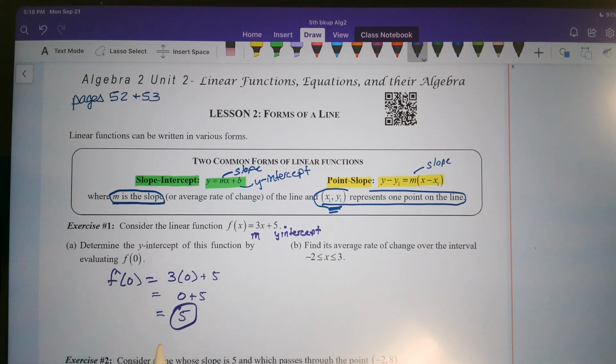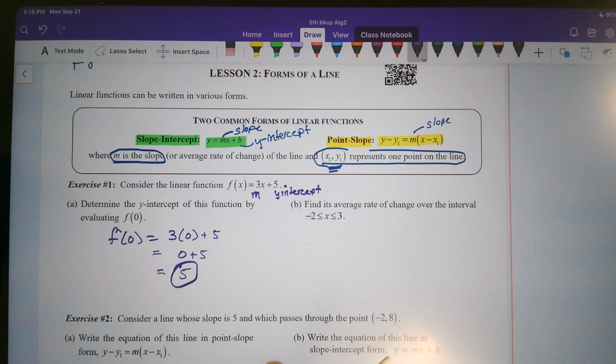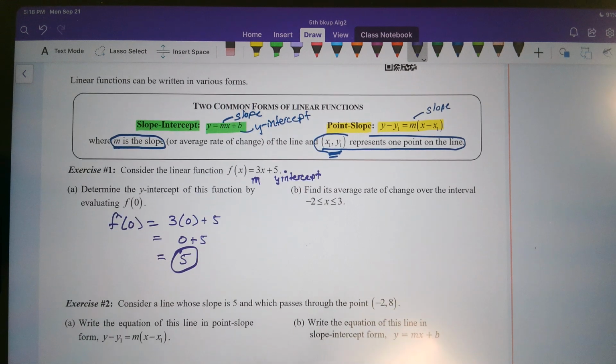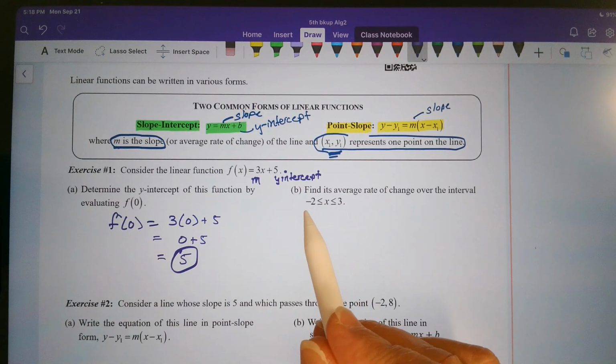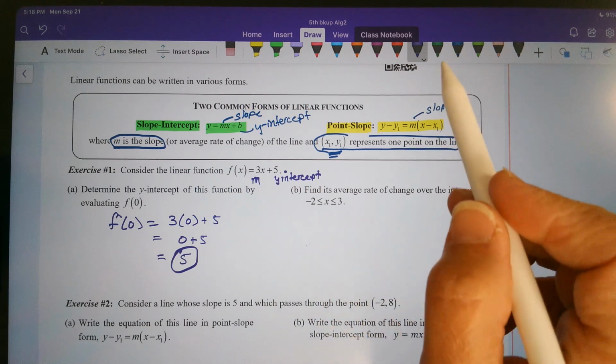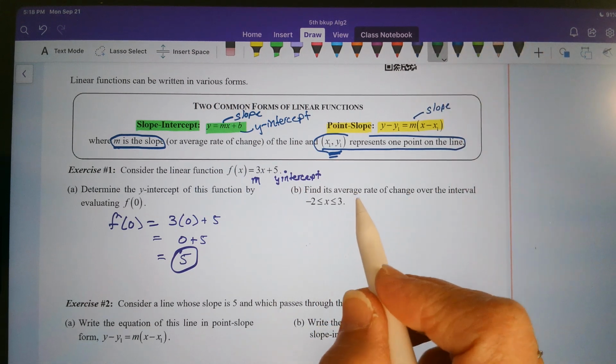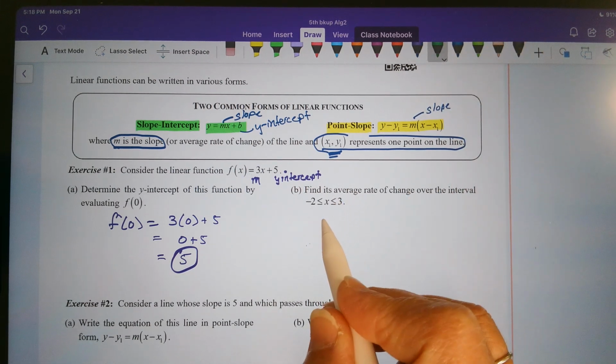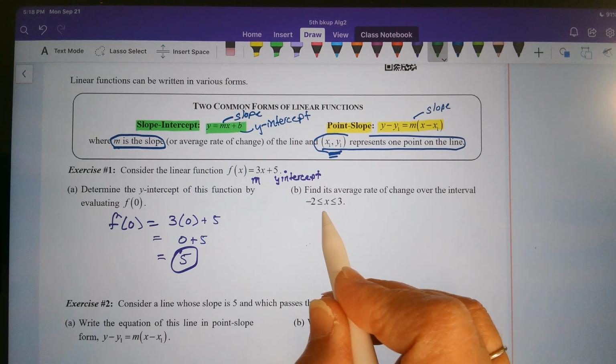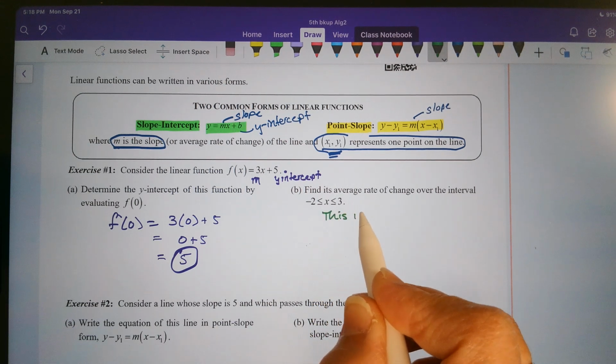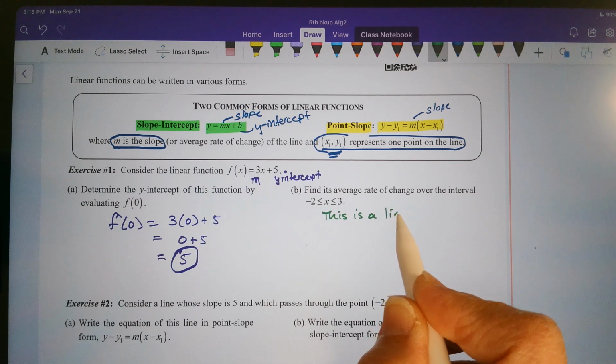Okay, but we answered the question by evaluating f of 0. Find its average rate of change over the interval, x going from negative 2 to 3. Well, this is a linear function.